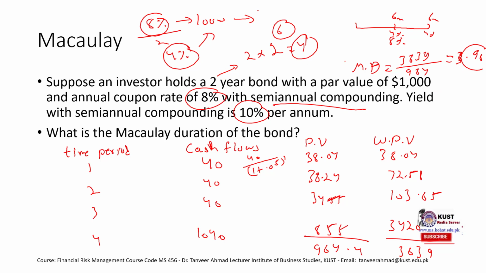But remember, this is not the number of years in this case, it is the number of time periods. So if we divide this by 2, because it is semi-annual compounding, we get 1.88. Now this is the number of years. Now it is less than 2, because we said that if it is a coupon bond, then the Macaulay duration would be less than the number of years of the bond.